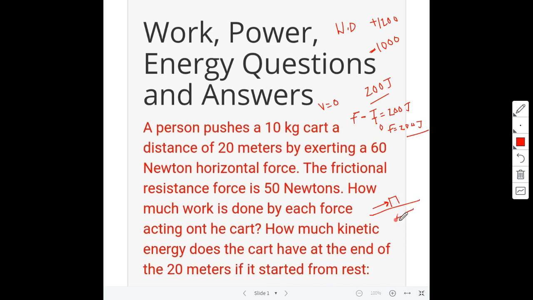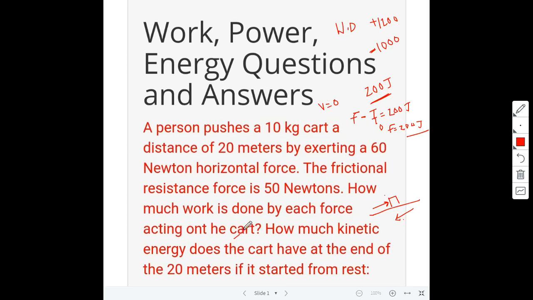So the net work done will be this work done minus this work done. Clear? Clear. That's why it's 1200 minus 1000, which is 200 joules. So net work done is 200 joules. Now you have calculated how much work is done by each force acting on the cart.